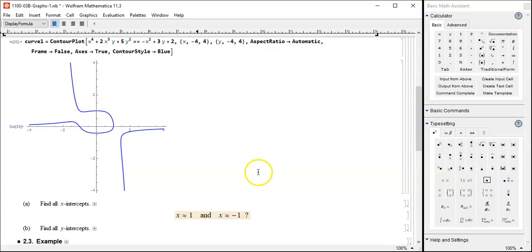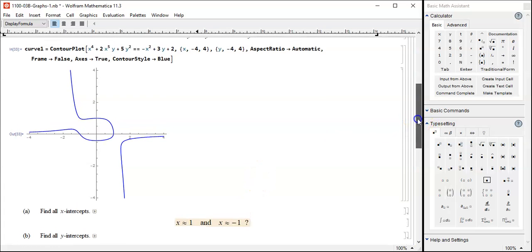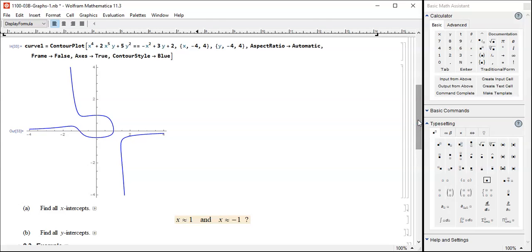Now let's make this guesswork a precise computation. Oh, excuse me, before that, another guesswork first, y-intercepts. So this y-coordinate and that y-coordinate, 2 points cut by the y-axis. This one looks like y is approximately 1. That looks easy.